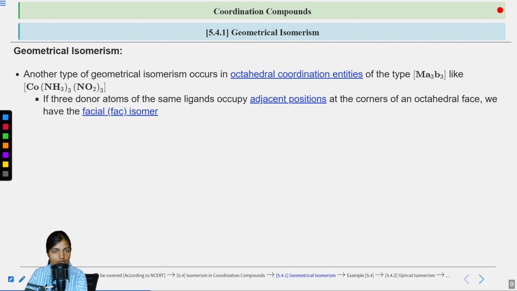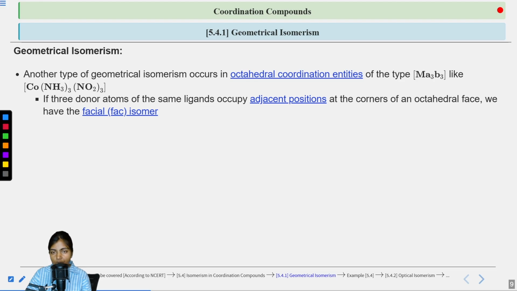And what is that? If three donor atoms of the same ligand occupy adjacent positions at the corners of an octahedral face, we have the facial or fac isomer. This type of isomer comes under the geometrical isomerism shown by the octahedral complex of type Ma3b3.